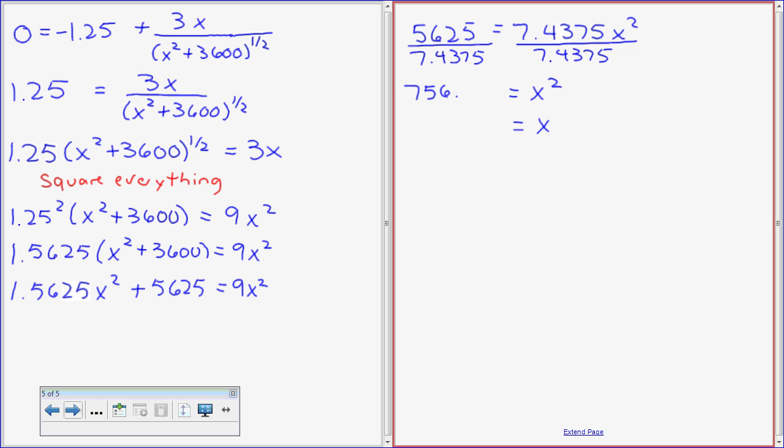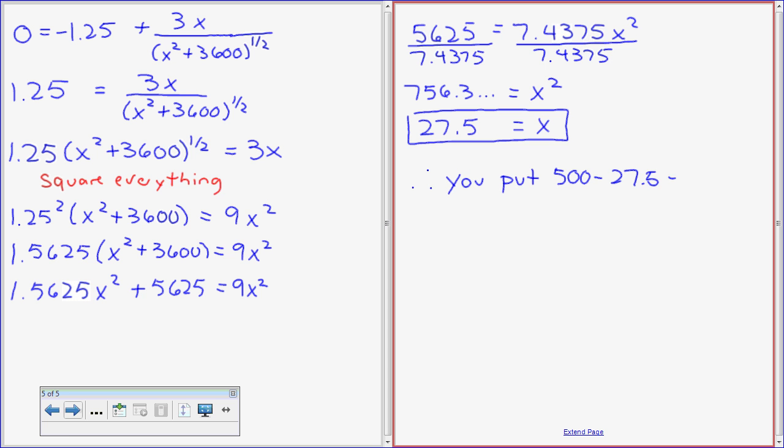Yeah, and then x equals 27.5, plus or minus technically. We're only going to count the positive in this case. So we're going to say therefore you put 472.5 meters on land and then go underwater.